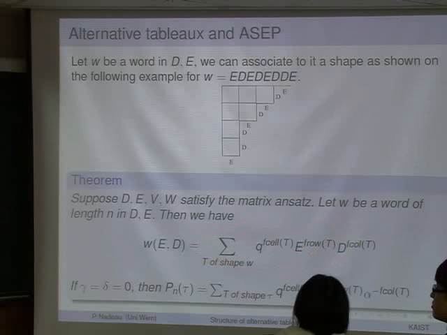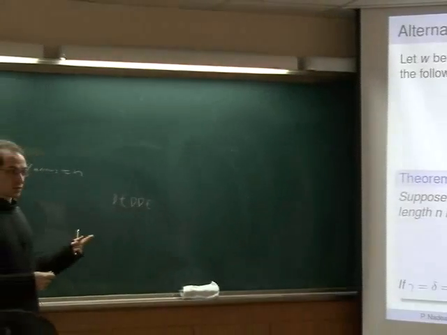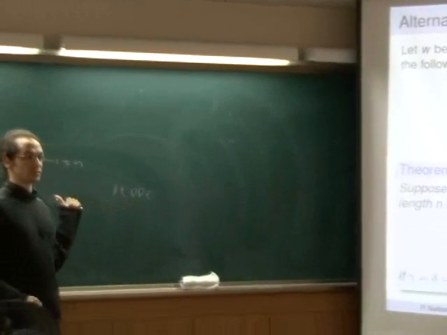So this means that if you have a word in D and E, D, D, E, whatever, you have the commutation relations, okay? So you can put all the E's to the left.